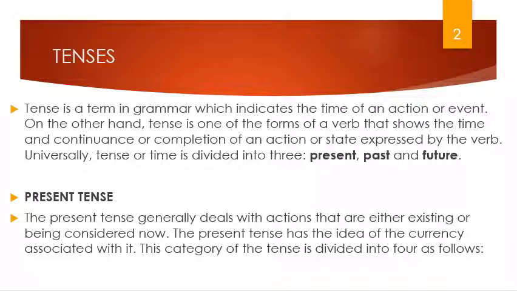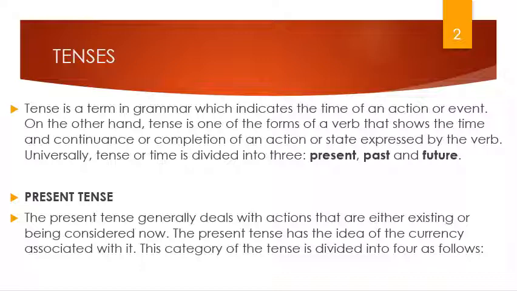There are three types of tense. That is, tense or time is divided into three: present, past, and future. Present tense generally deals with actions that are either existing or being considered now.